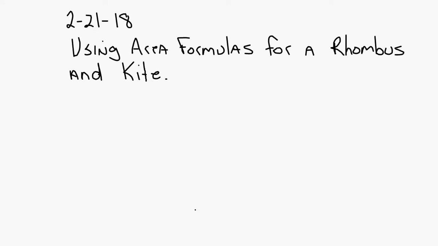And you're going to be using those formulas in the same way that you used them yesterday. You may be given the area formula and asked to find a diagonal, or you may be given the diagonals and asked to find the area. So you're going to be using them in different ways.